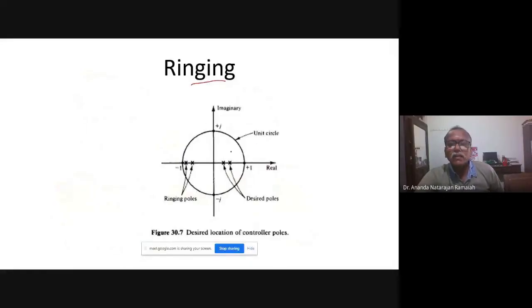Otherwise, you will get ringing. This is the ringing. These are the desired poles. They should be on the right hand side, not on the left hand side. This is not ringing poles. These are all ringing free poles. So the poles of the controller must be on the right hand side.